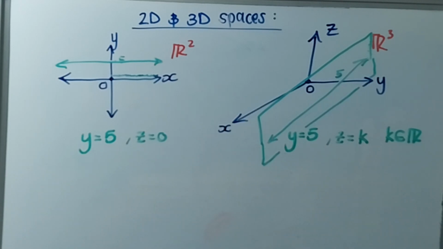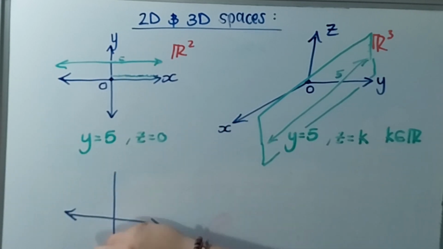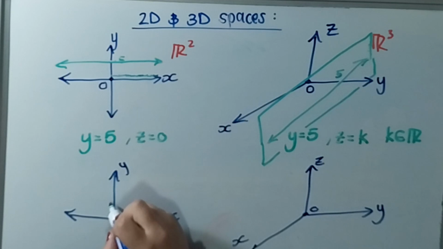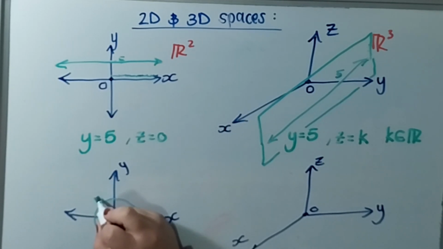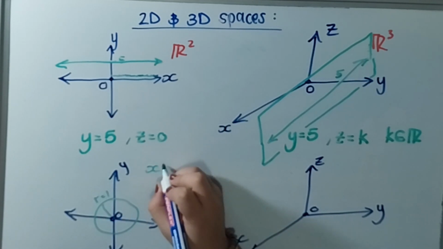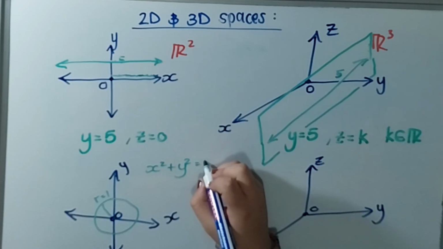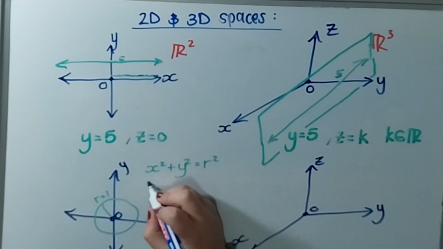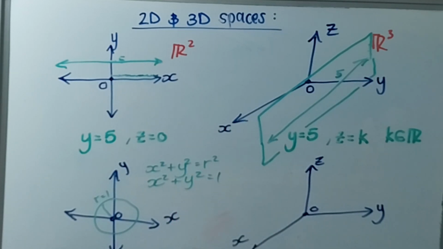But now, another interesting thing happens. Let's say we have our axes, and they give us a circle with radius 1. The equation for a circle is x squared plus y squared equals r squared. So x squared plus y squared equals 1 in this case.